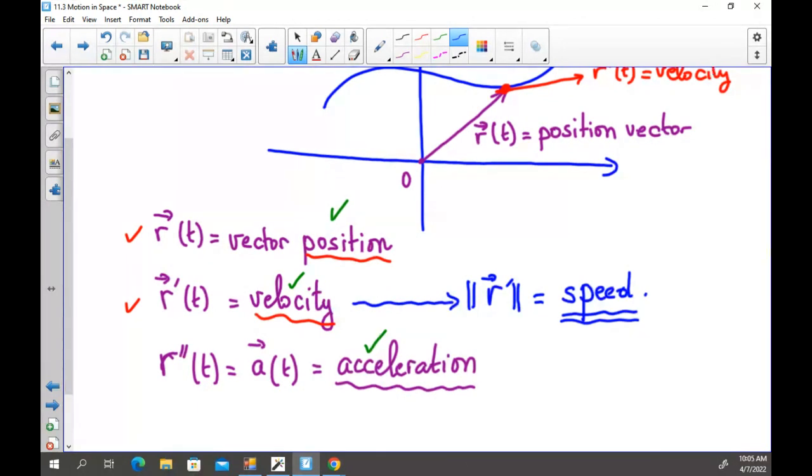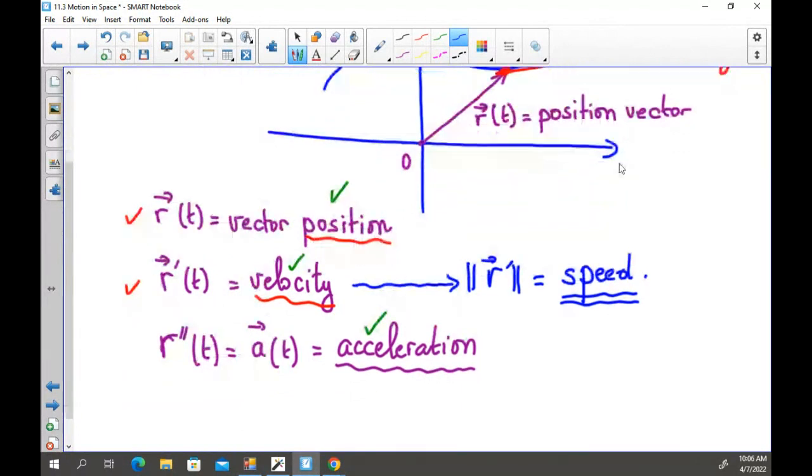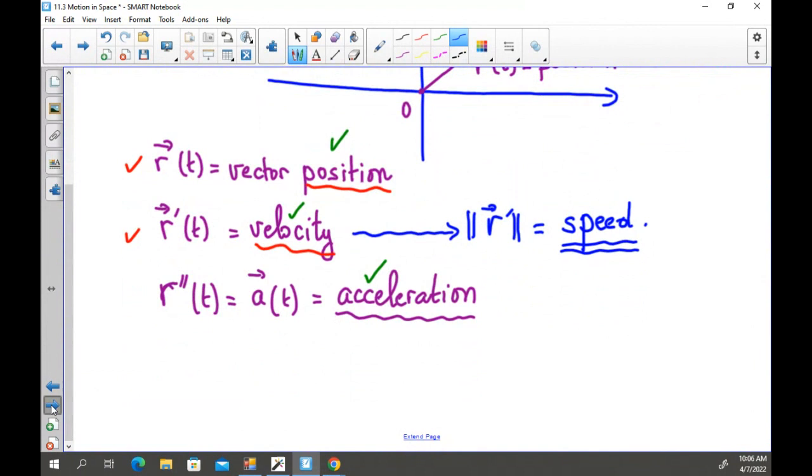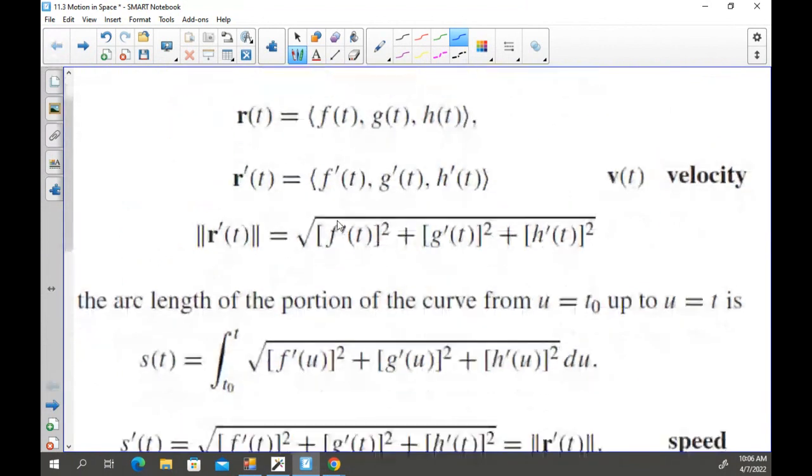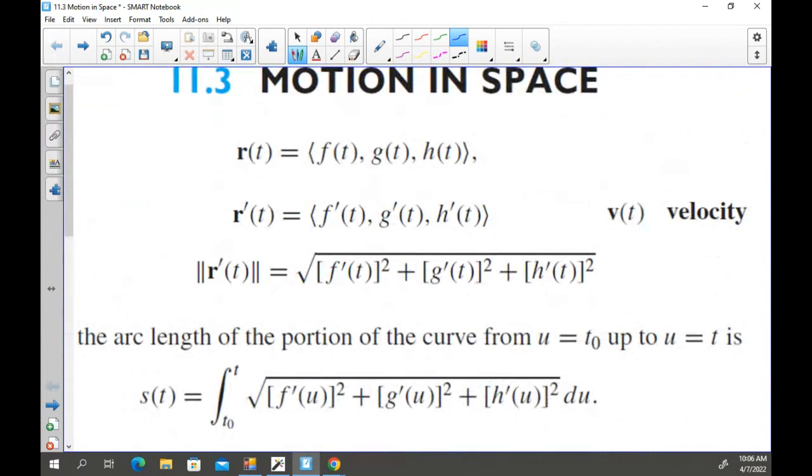But of course, in the questions, it can go all sorts of ways. I could give you the acceleration and say find the velocity. How do you do that? You integrate the velocity to get the position vector, etc. So you can go in different directions in these questions. So the first page is just a bit about what we just said. This is the position vector r.